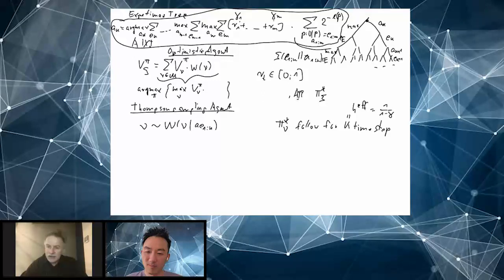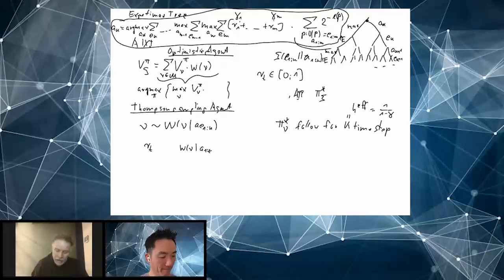So what he does is he says, okay, let's look at the reward. And the posterior is already here. We have a certain posterior distribution at time, say, t.